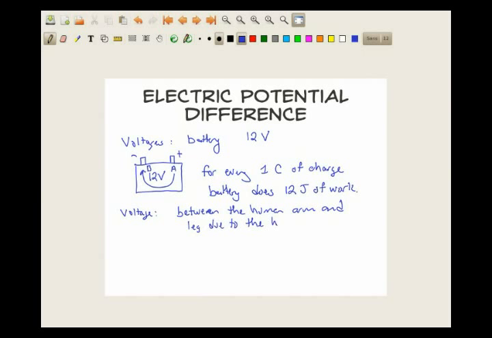The heart is an electrical appliance. It uses electricity and movement of electricity in order to generate the pumping action. And as a result, this creates a voltage, an electric potential difference between your arm and your leg. And that voltage is 1.0 times 10 to the minus 3 volts, or 1 millivolt. Okay, so it's a tiny electric potential difference, but such a critical one to life.